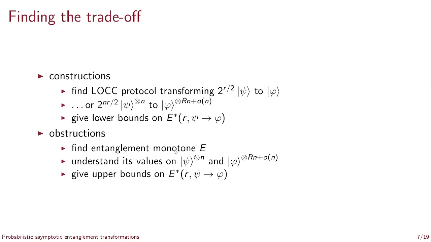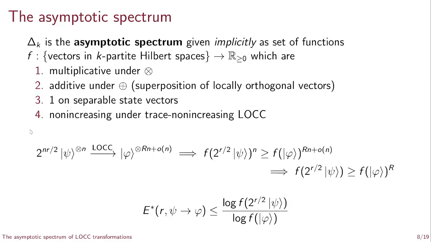And once we find a suitable entanglement monotone, then we need to understand its values on n copies of psi and r times n copies of phi, and then require that this quantity does not increase. That puts some constraint on r and gives upper bounds on the optimal rate. So in this talk, I will focus on the second approach.